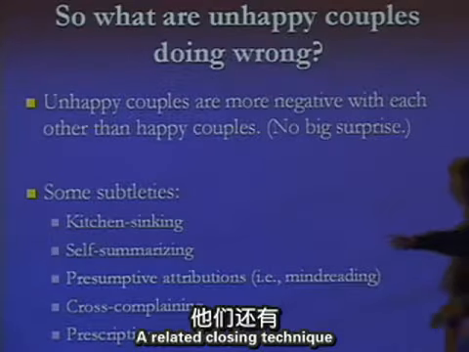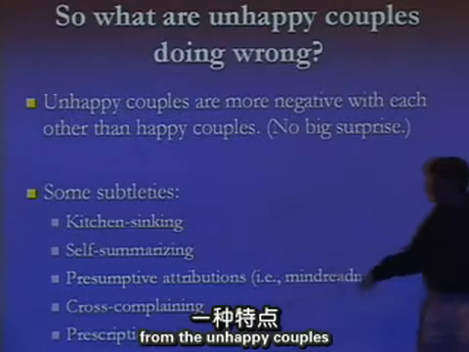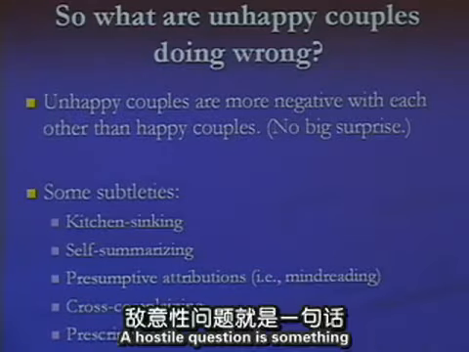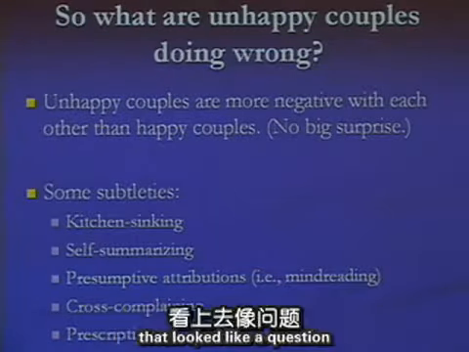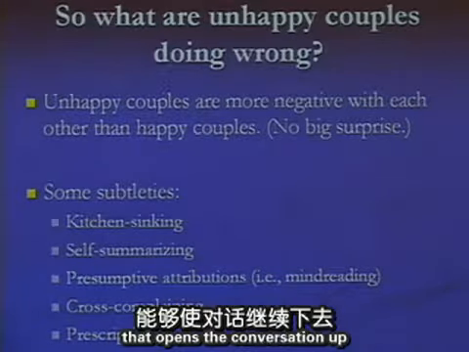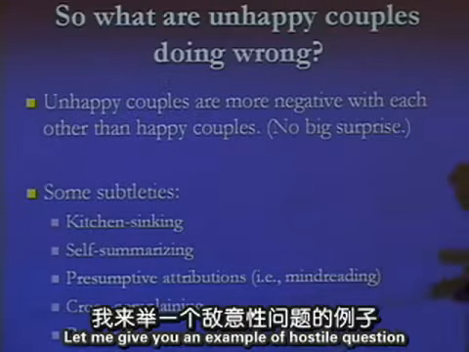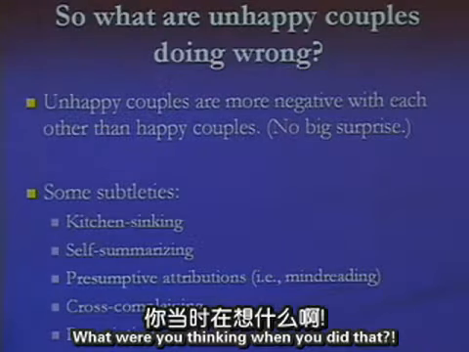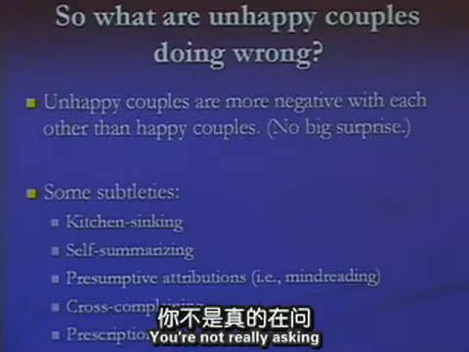A related closing technique from the unhappy couples, I didn't put it on the slide, is something called a hostile question. A hostile question is something that looks like a question, but it has no real answer that opens the conversation up. Let me give an example of a hostile question. What were you thinking when you did that? You're not really asking, are you?